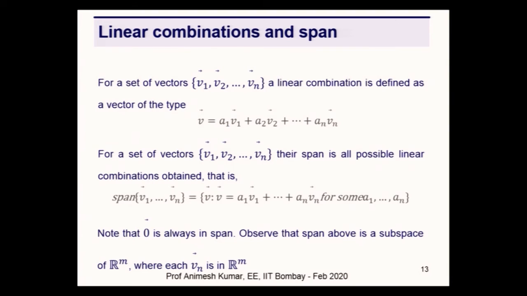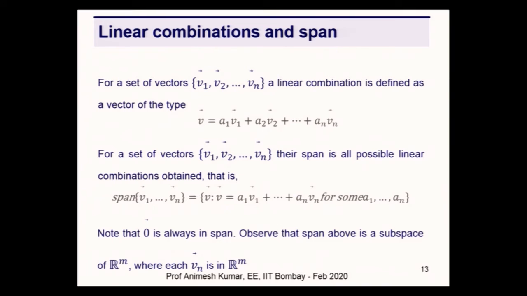That gives you a resultant vector, called a linear combination. The whole idea is that you think of a1, a2, an as independent scalars which you can change around, and v1 to vn as a fixed set of vectors.